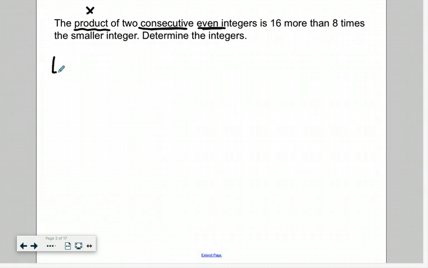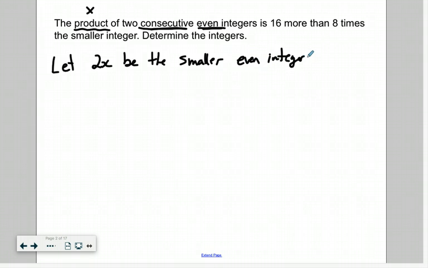So we kind of start off with this little let statement where we say, let 2x be the smaller even integer. All right. Our next even integer, okay, and how we're going to get to the next even integer is by adding 2, right?